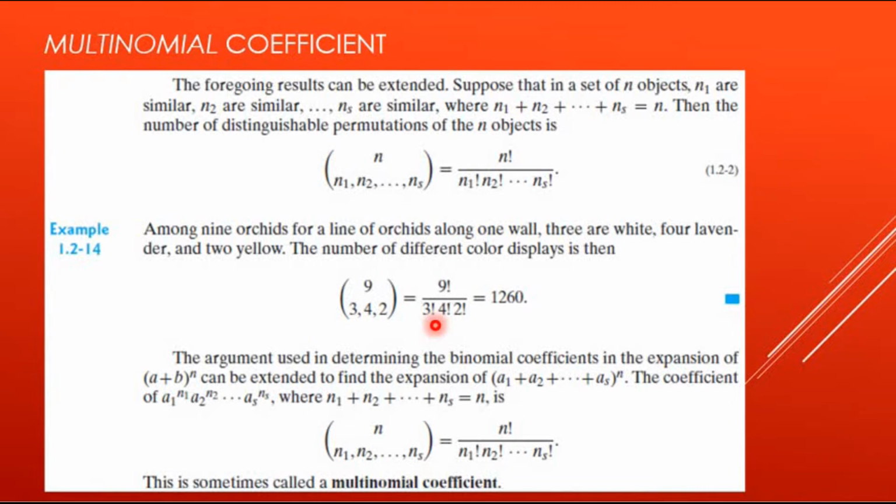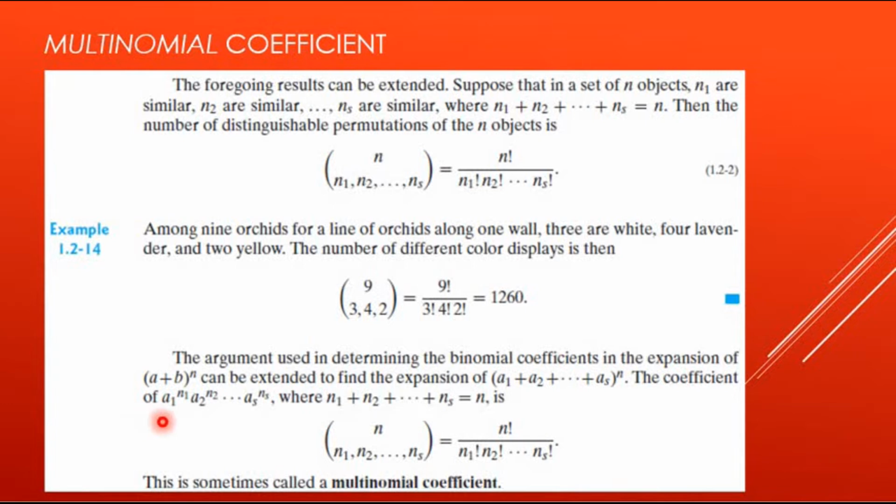The argument used in determining the binomial coefficient in the expansion of (a plus b) to the power n can be extended to find the expansion of (a1 plus a2 plus so on plus as) to the power n.